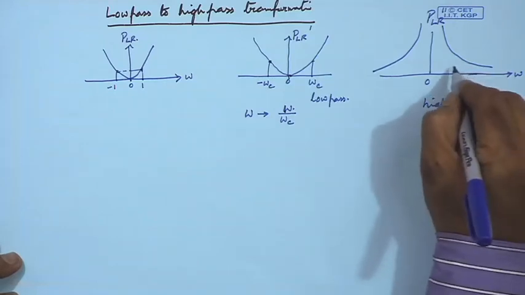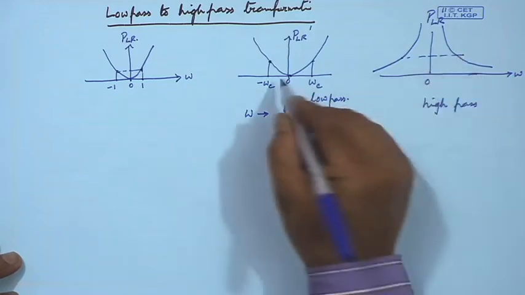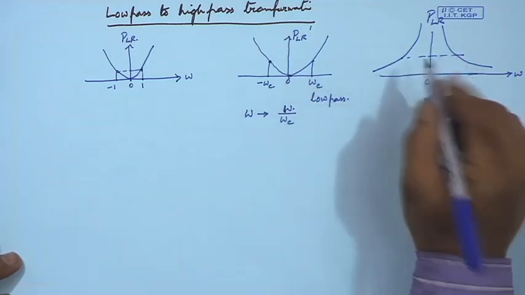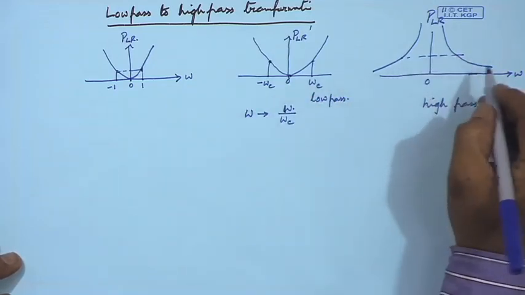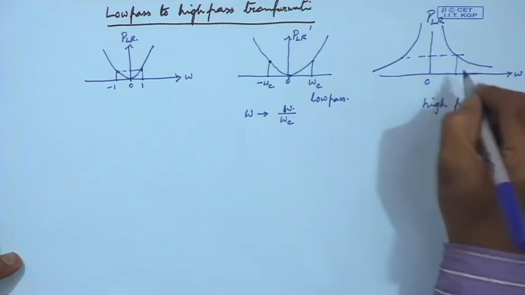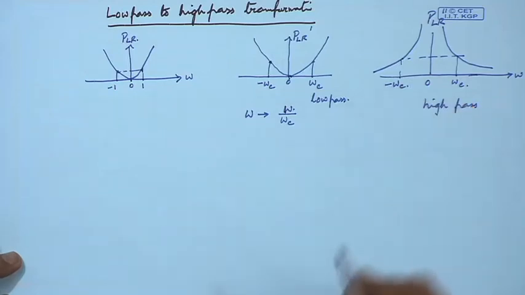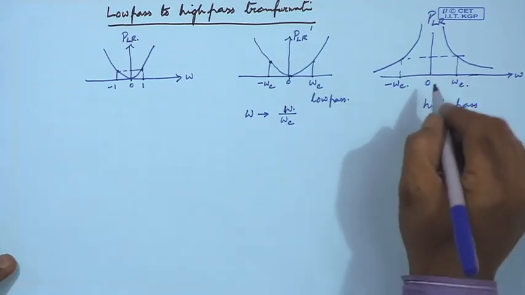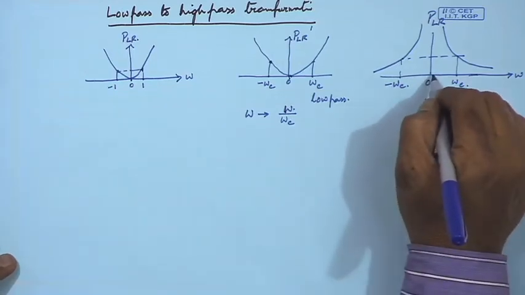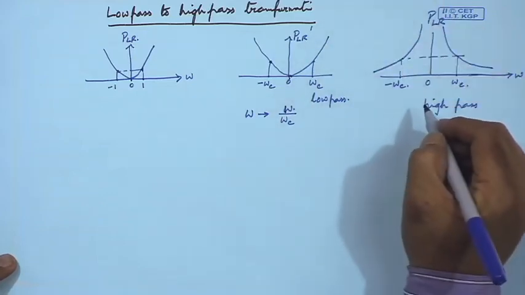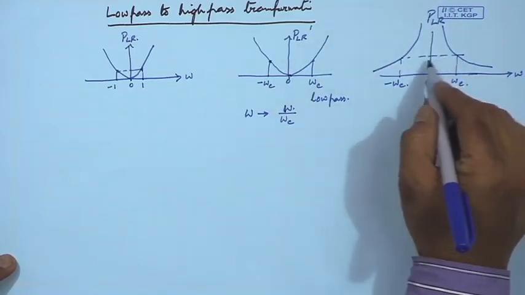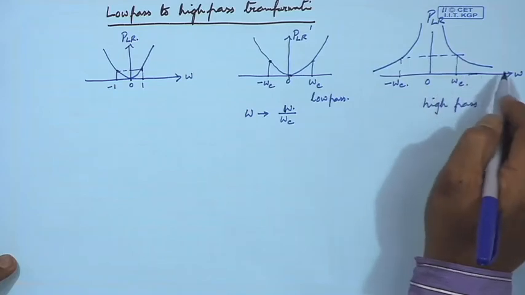Here I want that, suppose this is my level of tolerable value in the pass band. Then I want this is my omega c and this is my minus omega c. So, I want that at 0 value the PLR should go to infinity, at omega c PLR will come to a certain value and thereafter fall.